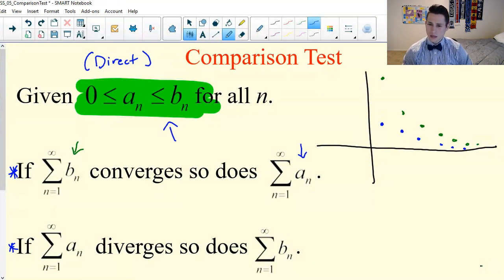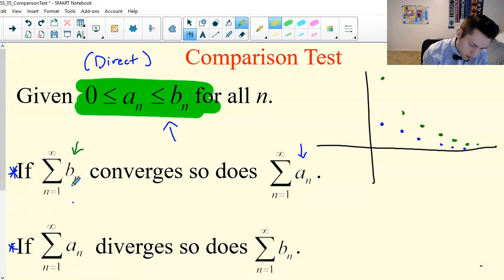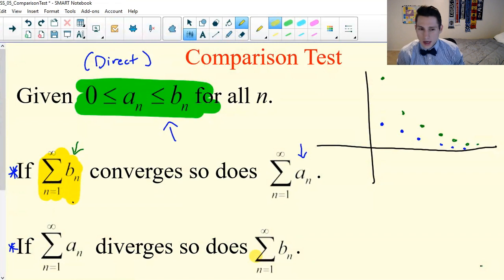So then if we talk about the series of adding them all together, let's say I know that this series converges. Maybe I know that from the p-series test or geometric test or whatever.